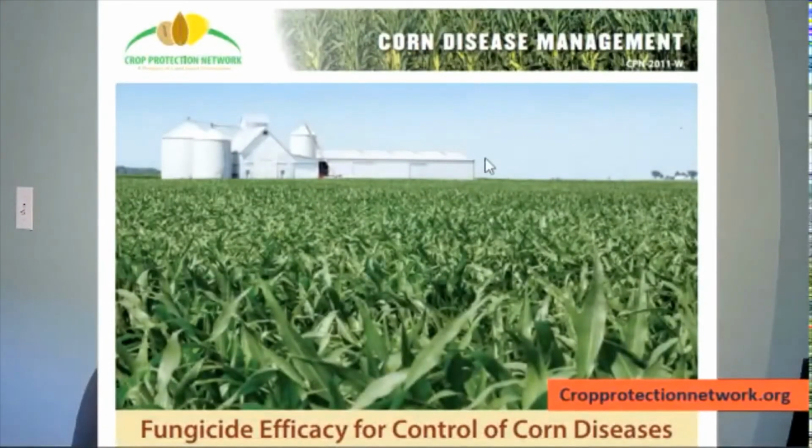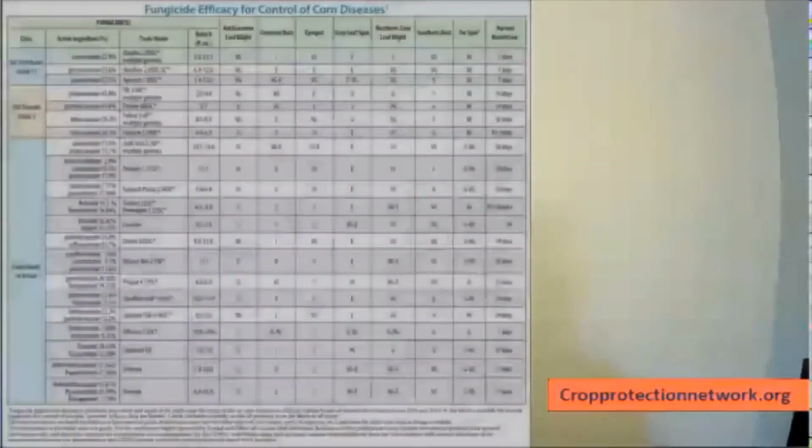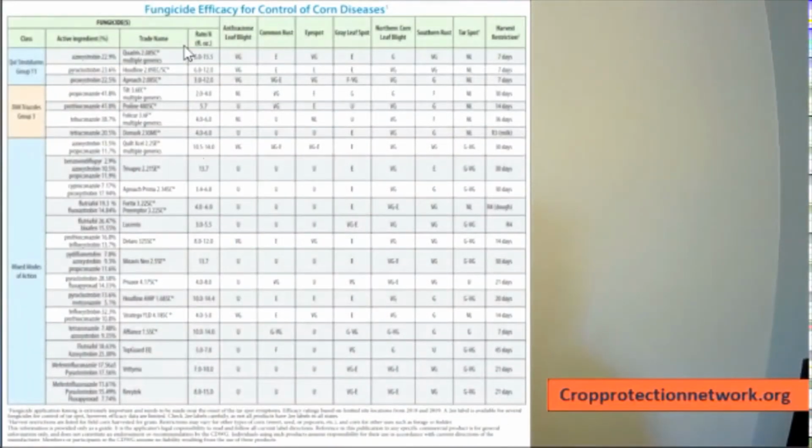And this is the corn one from 2020, and I imagine that'll have an updated version that will be out in the near future as well. But this is an example of what you're looking at when you look at the fungicide efficacy tables. You've got the class in the leftmost column, the active ingredient and the trade name.